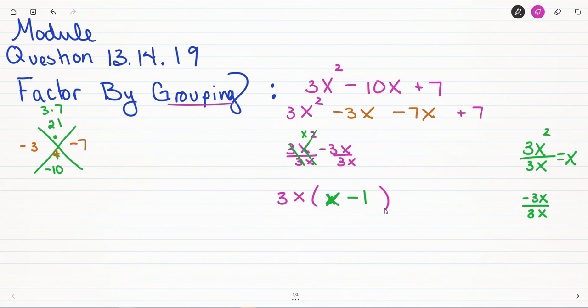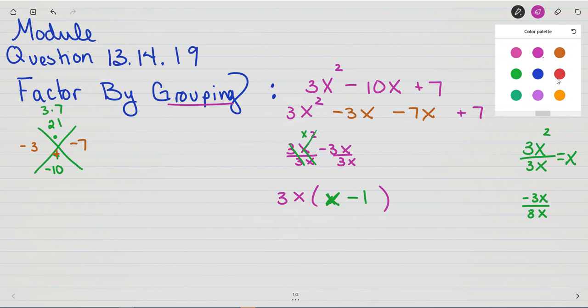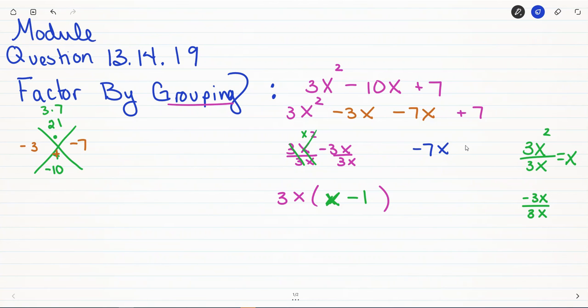Now I'm going to group the negative 7x and the 7 and do the same thing. You might notice that the common factor is going to be either, you might see it as a 7 or a negative 7. I'm going to use a negative 7.